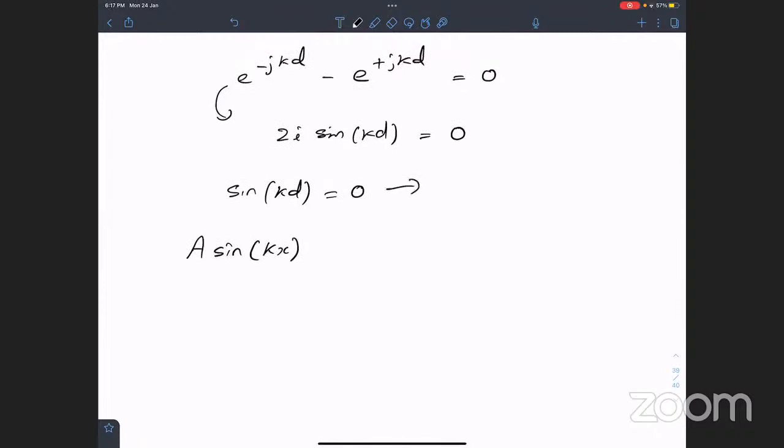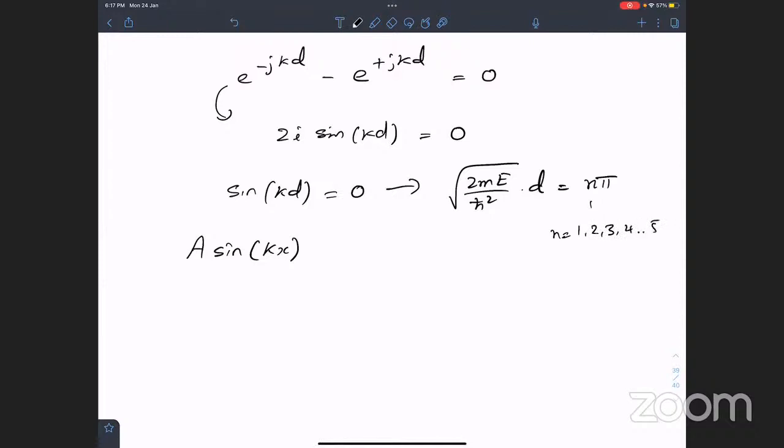This implies k, what is my k? K is root of 2 m e by h bar square, right? Into d must be equal to what? Sine kd is 0. That means k into d must be n times pi, where n is not 0. It can never be 0. N is 1, 2, 3, 4, 5.